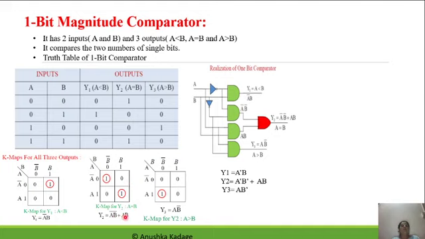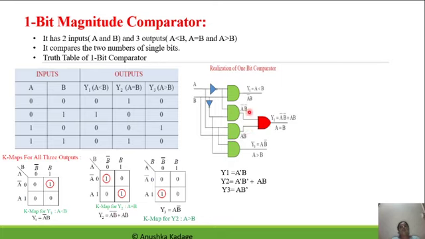The next stage is the output corresponding to A equal to B. To generate that, we need A bar B bar to be ORed with AB. So here we can see the first AND gate, which takes the two complemented inputs of A and B, so its result will be A bar B bar, while this third AND gate takes the two original inputs A and B. They are ANDed and AB will be generated.